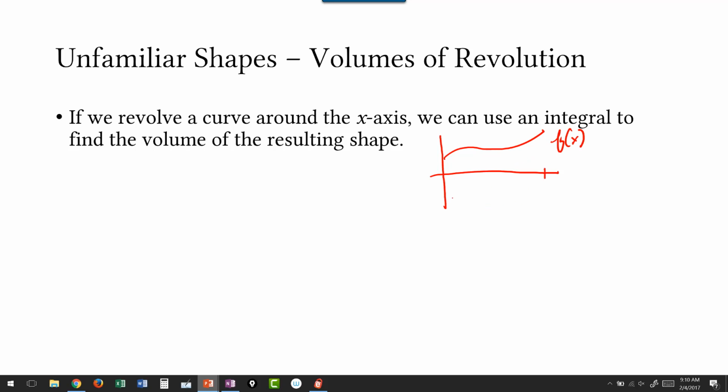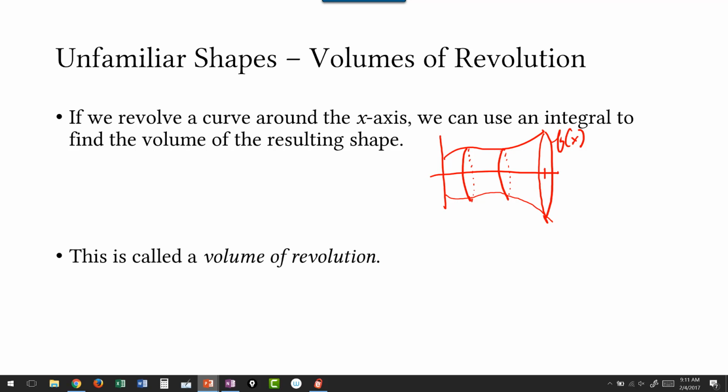So if this is my curve f of x and I spun that around the x-axis, it would trace out kind of a bell-shaped shape. That bell shape we would call the solid of revolution, and the volume of that shape we would call a volume of revolution.